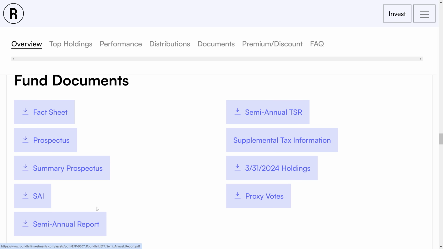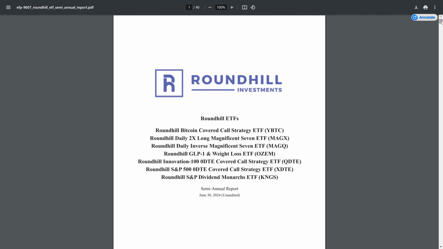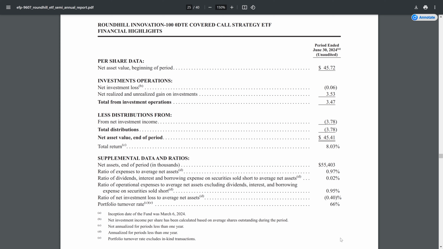You can also go and check for yourself how these funds accounted for distributions. For instance, here are the financial statements for QDTE accessible through their website. It started with a NAV per share value of $45.72. For the period ending on June 30, QDTE generated investment income of $3.47, but distributed $3.78. We see that distributions exceeded its income.